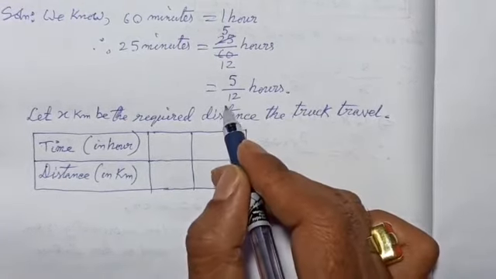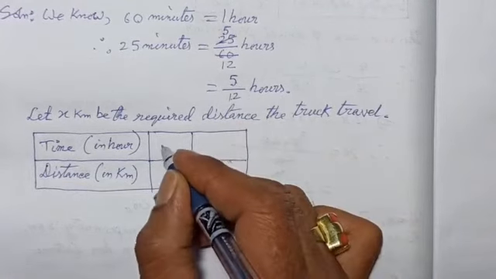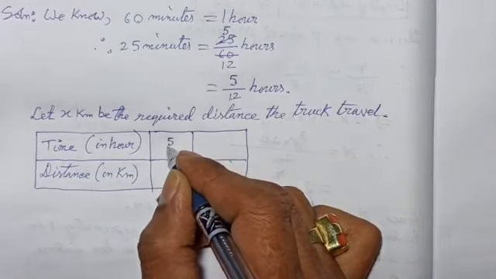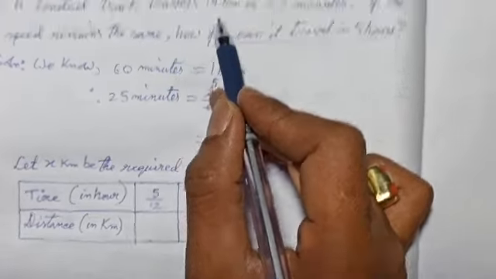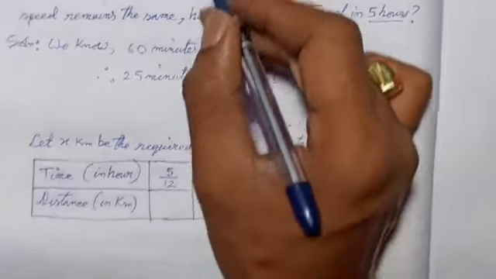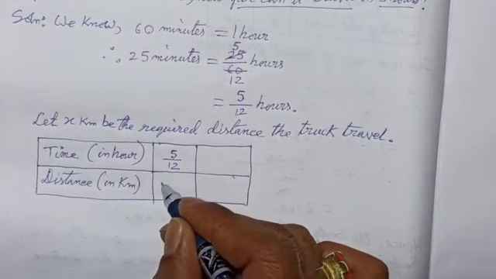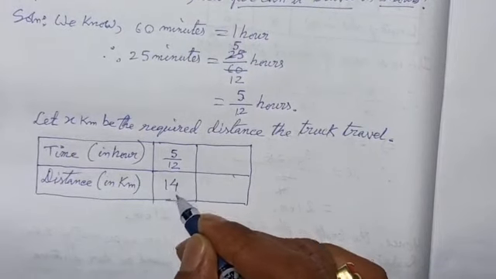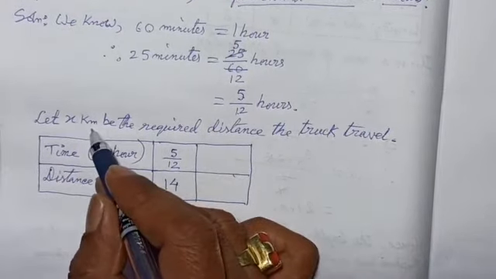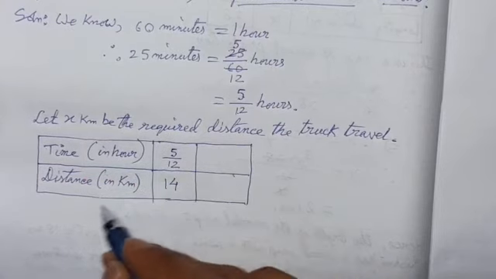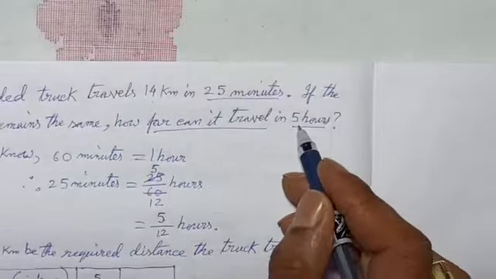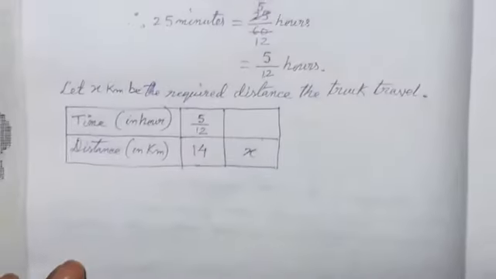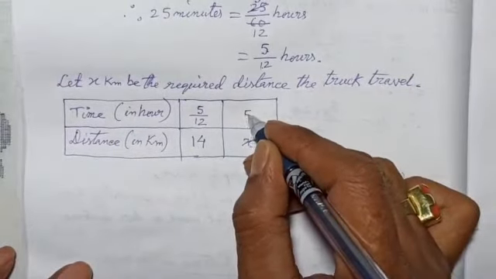When the time is 5 by 12 hours, the distance traveled is 14 kilometers. So this is 14 kilometer. Then x kilometer is the required distance. So distance is now x, and in the question the time is 5 hours. So time is now 5.